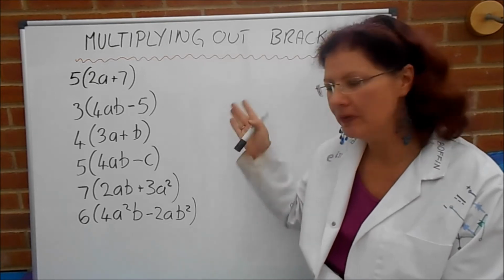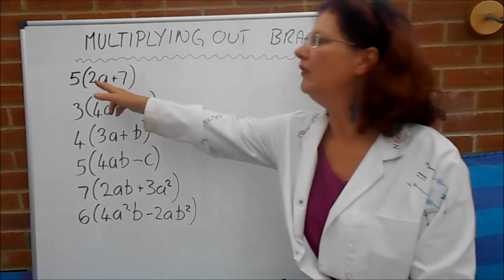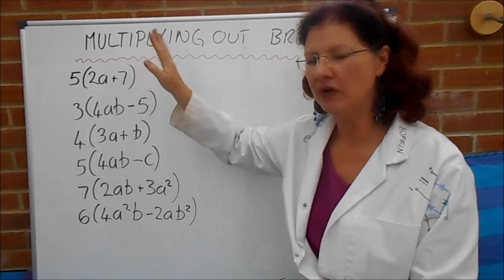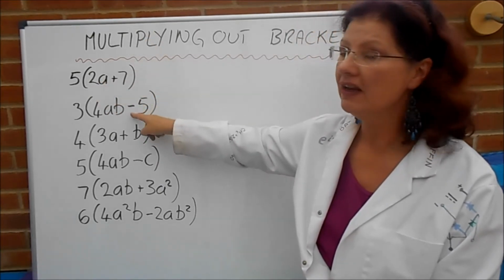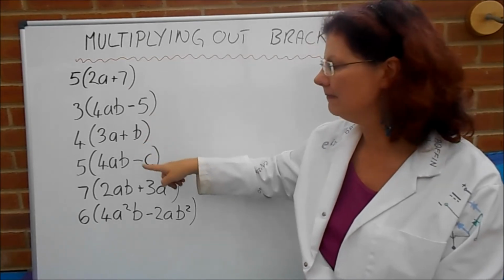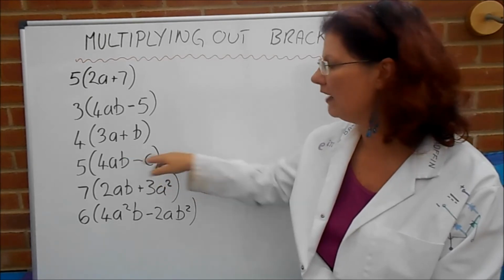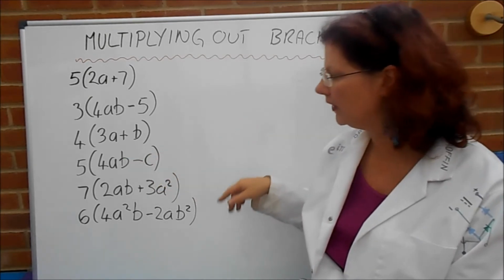Again, starting off simple and going down to a little bit, oh my goodness. So at the top, we've got 5 lots of 2a plus 7. Pretty simple. Second one down here, don't forget that negative. Down here, we've got some letters coming in. Here's some more letters, again a takeaway, which means you're going to have something take away something in your answer.